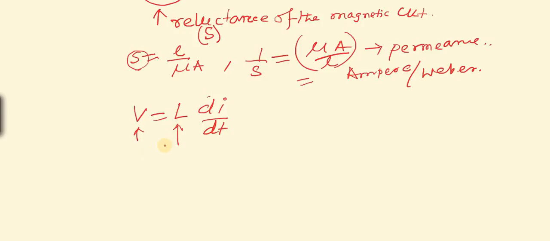So in a DC circuit, inductance simply becomes short. That is the case with direct current: the voltage through inductance is 0 and it behaves as a short circuit.